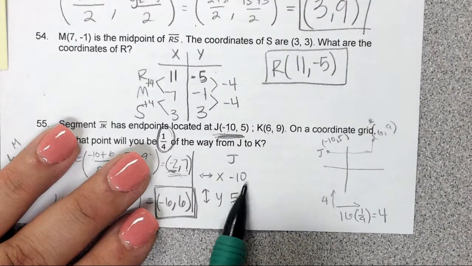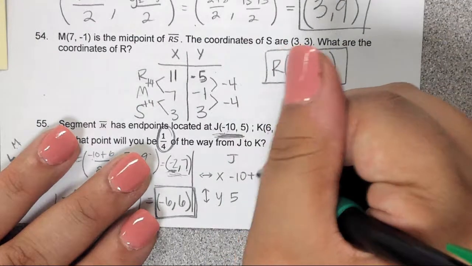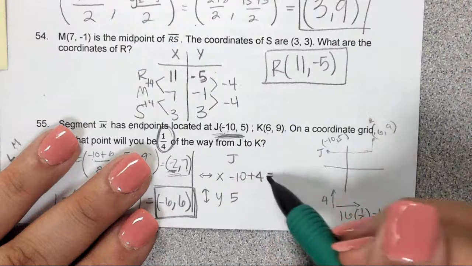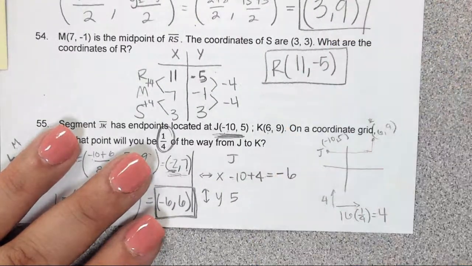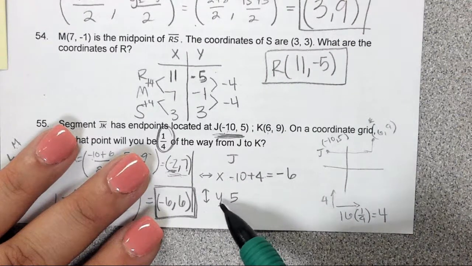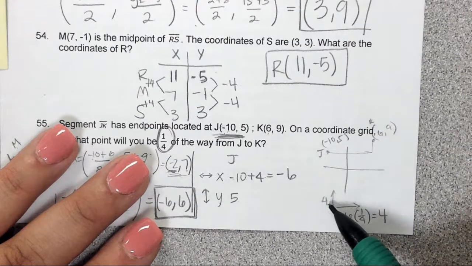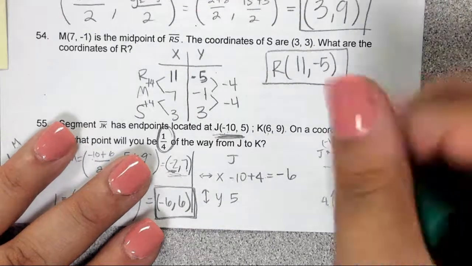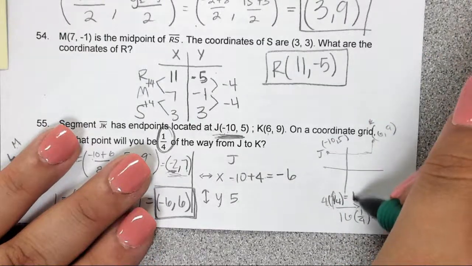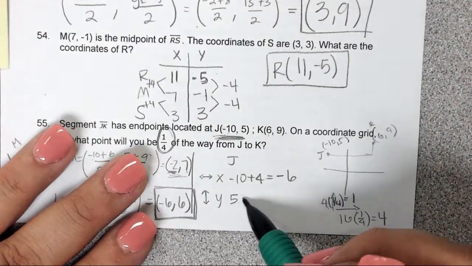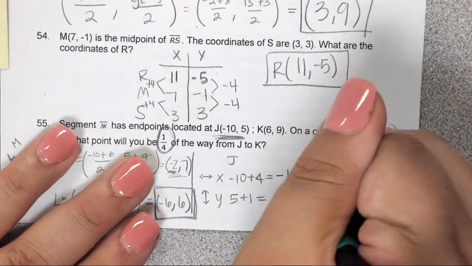So I'm going to the right 4, so what am I going to do to this X? Add 4. What's negative 10 plus 4? Be careful. Negative 6. For my Y, I'm starting at 5, and what do I got to do to this 4 right here? Multiply it by 1/4, so what's 4 times 1/4? 1. I needed to go up 1, so what am I going to do to this 5? Plus 1. What's 5 plus 1?